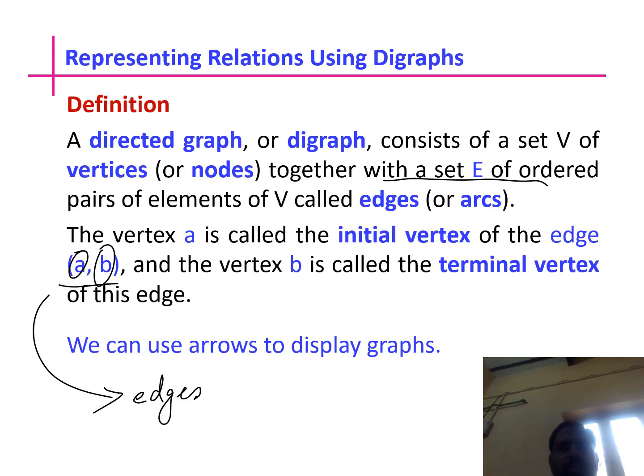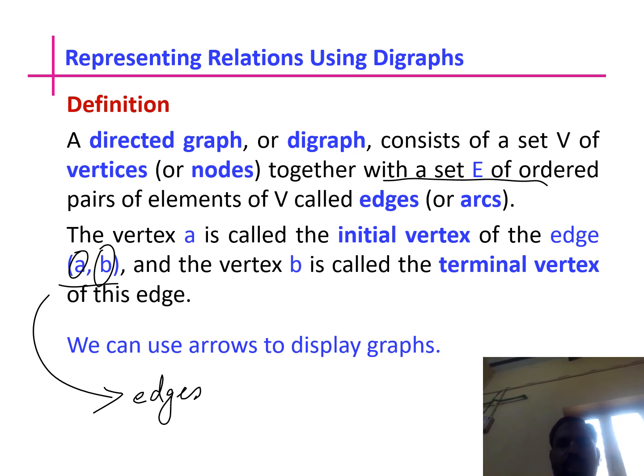These are the basic definitions which we discussed already, and we recall them here. A directed graph, or a graph, consists of a set V of vertices or nodes together with a set E of ordered pairs of elements of V, which are called edges or arcs.